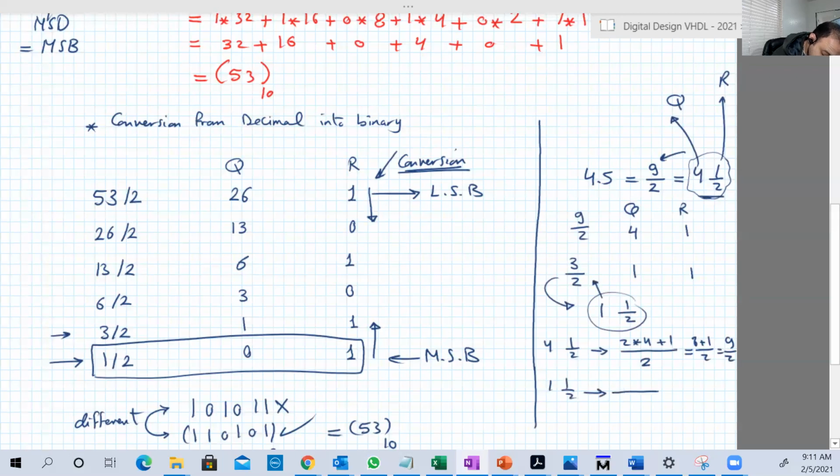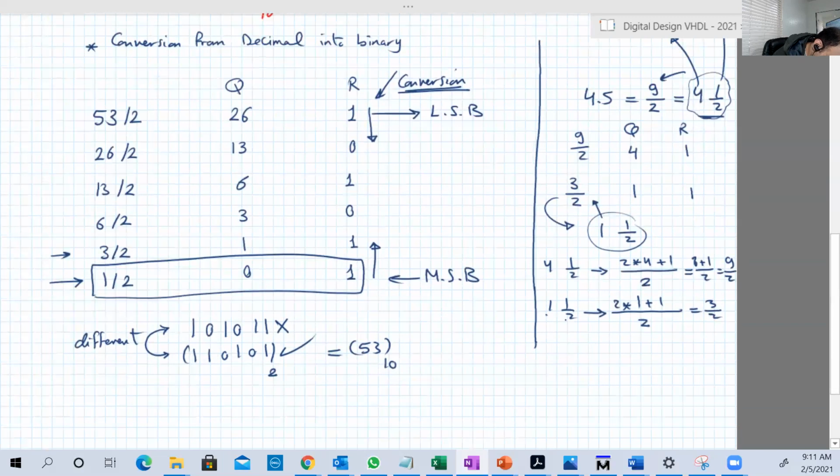It's basically you keep the denominator, and you multiply 2 by 1, this by this, plus 1. This will give us 2 plus 1, which is 3 over 2. Now, what I am saying here is that 1 over 2 is actually 0 and a half. Like 1 and a half, 4 and a half, right?